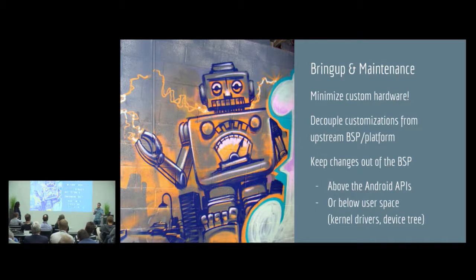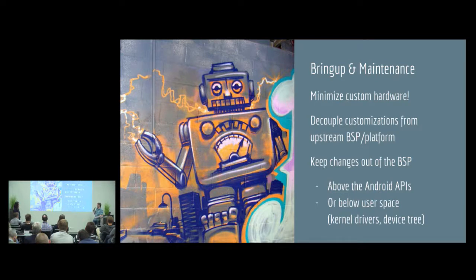Those basically become patches that you will have to maintain for the life of your project to keep those working. We would advise, as far as possible, to keep your changes out of the board support package, either by writing them on top of the Android APIs. The Android APIs are backwards compatible and versioned, so you're fairly safe if you can stay on top of those APIs.